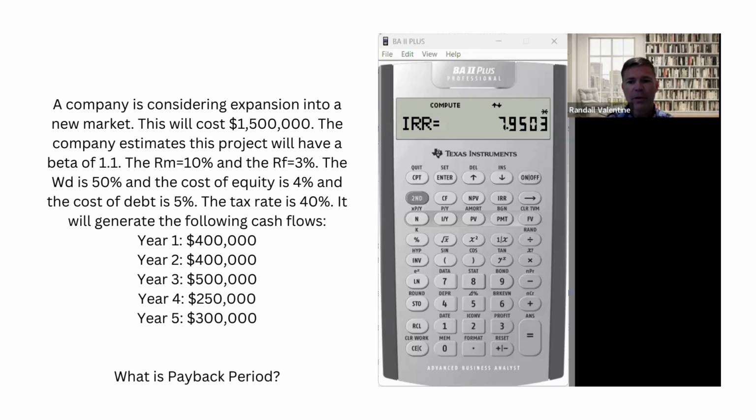So the next thing we want to look at here is the payback period. What the payback period means is that in the absence of interest, how long does it take you to pay back something? So in other words, a thing would be like this. You come up to me on the street and you're like, hey, can I borrow 20 bucks?